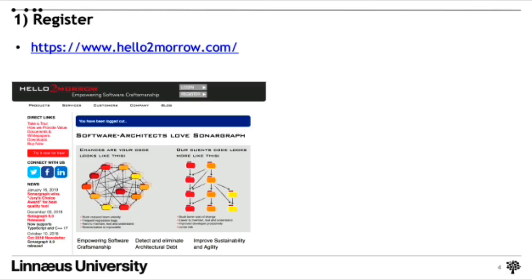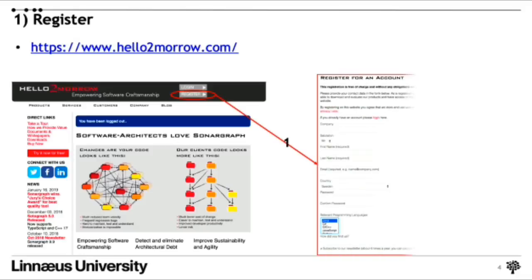So let's get started. First of all, go to this website, hello2morrow.com, and register. Okay, click on the register button and then fill out the form. And be sure to check a relevant programming language such as Java.